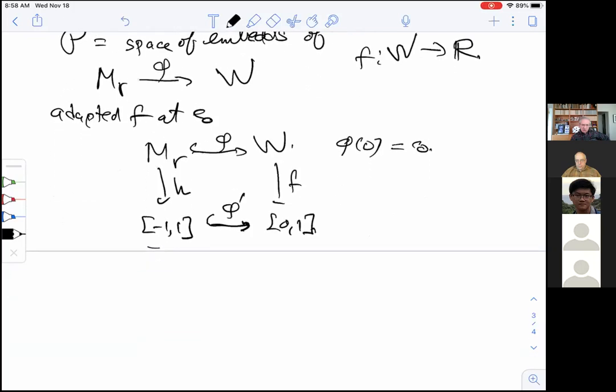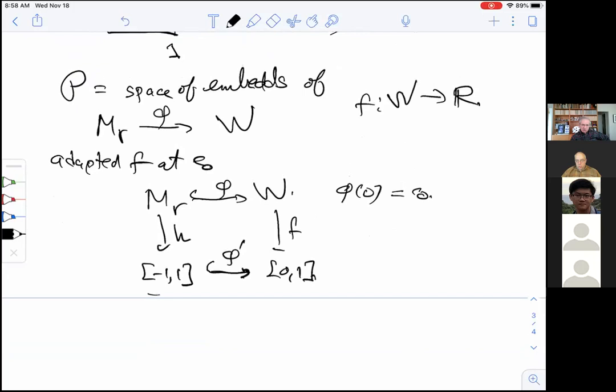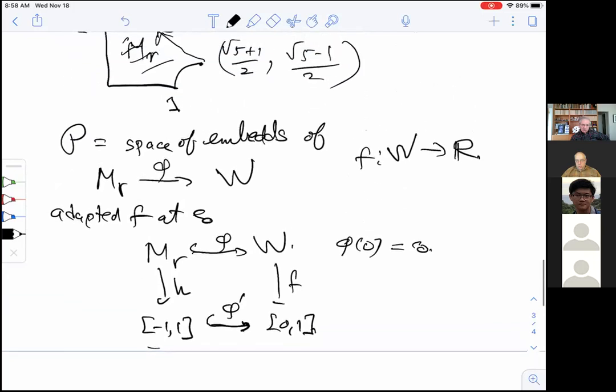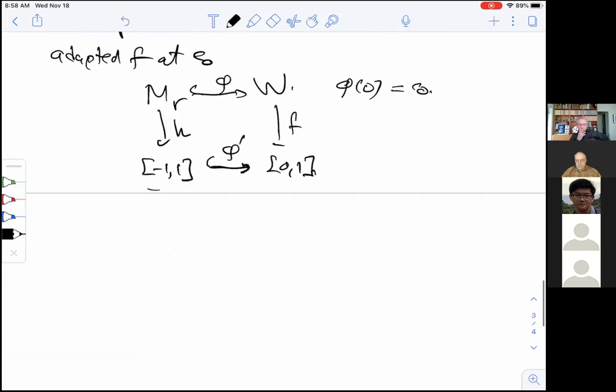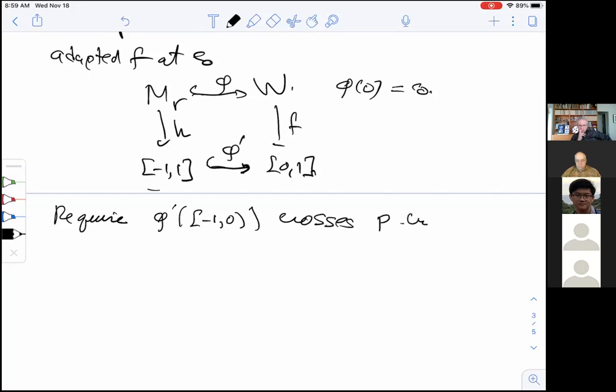So this is a commutative diagram. In other words, it's a Morse model for F. This is the standard Morse function in some neighborhood of the critical point. And once you have P as a space of embeddings, actually I'm going to restrict those in just a minute. I'm going to require that phi prime of -1, 0 crosses some fixed number P of critical values.